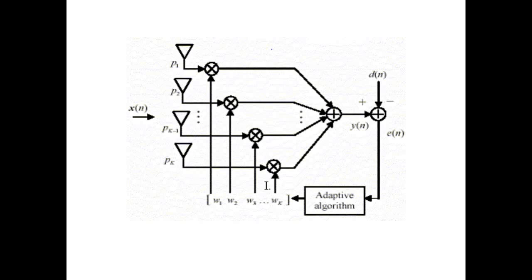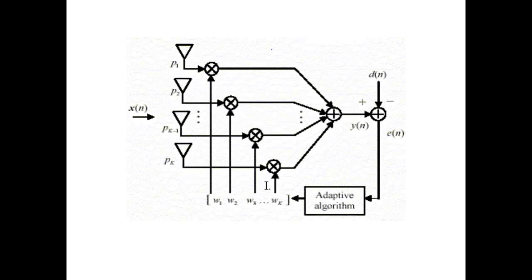Normally we would have a single input, but here we receive it through multiple antennas. The multiple antennas are combined together and the output is compared against the expected output. This y(n) is the measured output obtained for the x(n) signal.